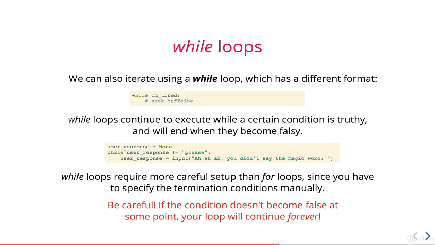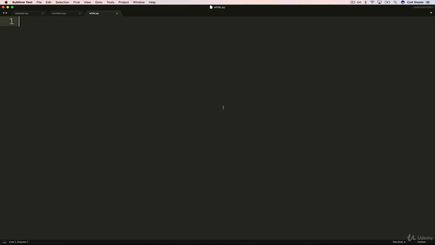So I'll show you an example of what would cause that. But let's start by typing some simple while loops. So I'll make a file. I'll call it while.py. And let's start by doing a simple loop that asks for user input. So let's say message equals input, What's the secret password?